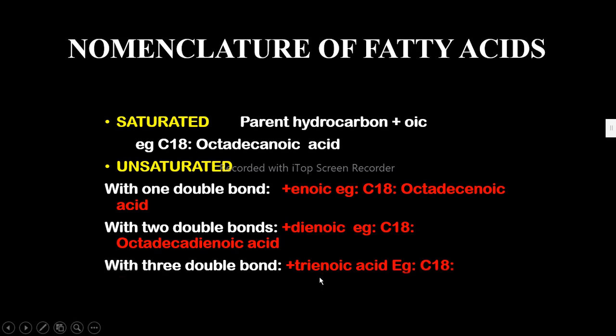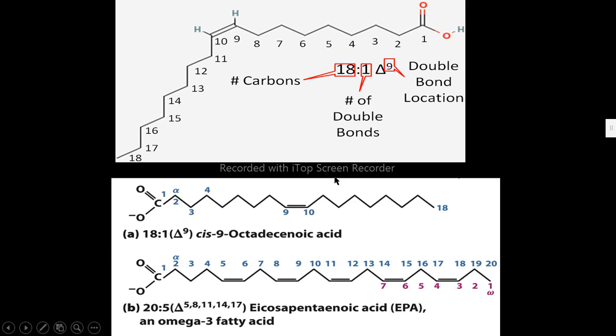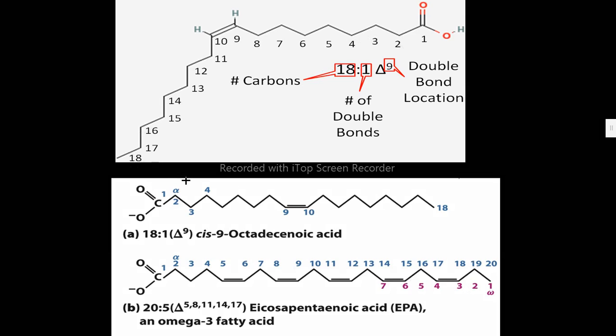So basically, that's how we name these organic compounds. Alternatively, if you want to write them with ease, you can simplify it in this format. We can have alternative ways of writing these organic compounds, whereby you write this to represent a hydrocarbon chain, and this is the point of saturation.